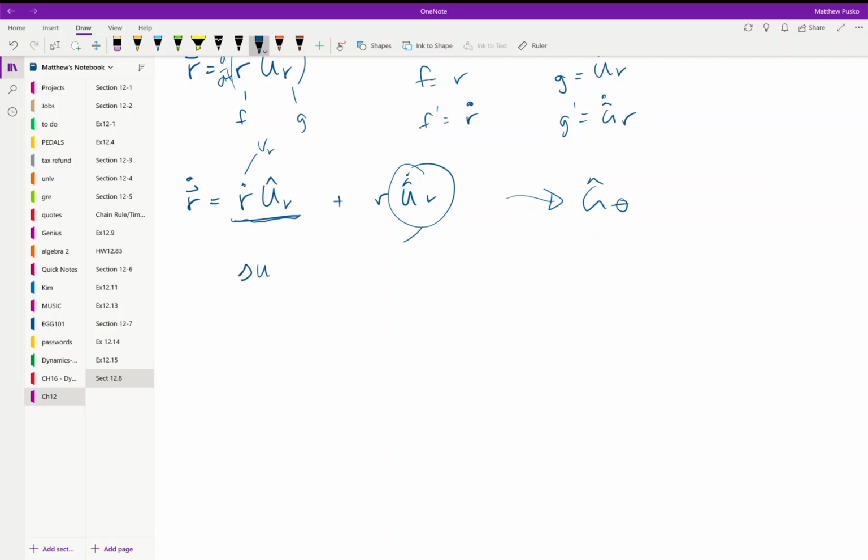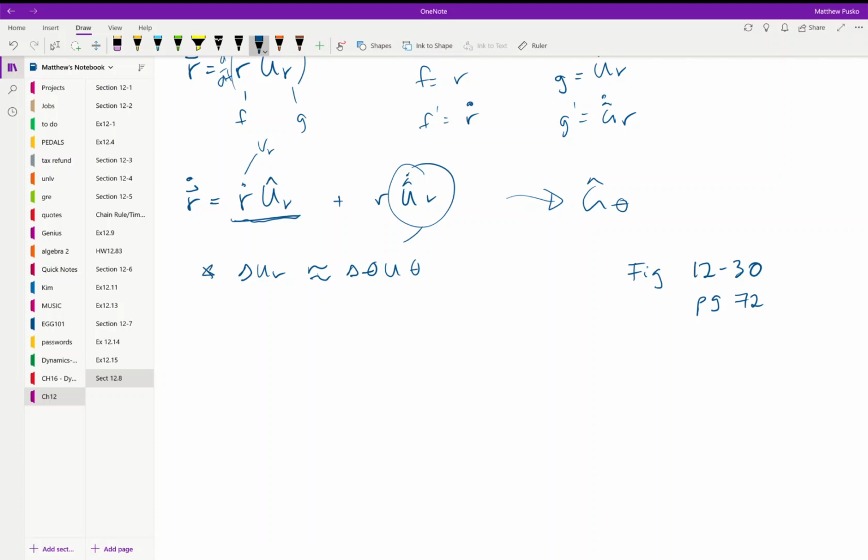If we say that some delta in the unit direction r is approximated by some delta theta in the unit direction theta, very, very close, take a look at figure 12.30. I can't draw it quite as well. I'm looking at page 72 right now.